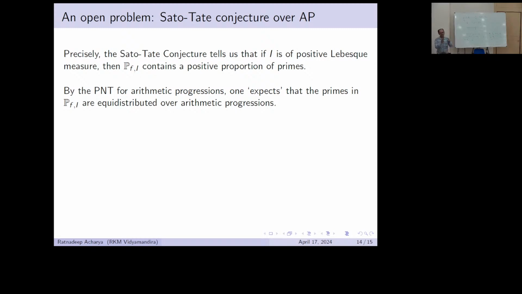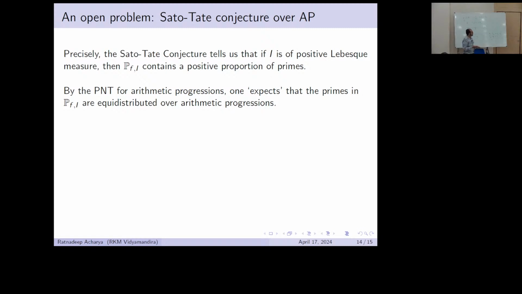Following the original argument of Bombieri-Vinogradov. Oh, okay, the first line. The Sato-Tate conjecture tells us that if I has positive Lebesgue measure, then PFI contains a positive proportion of primes.